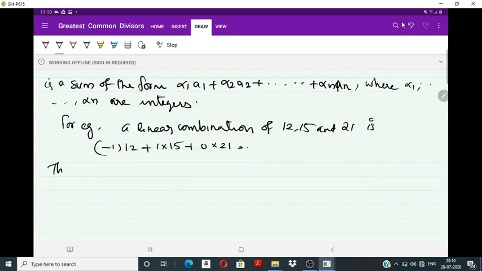Now next theorem, we extend the definition of GCD into n positive integers.